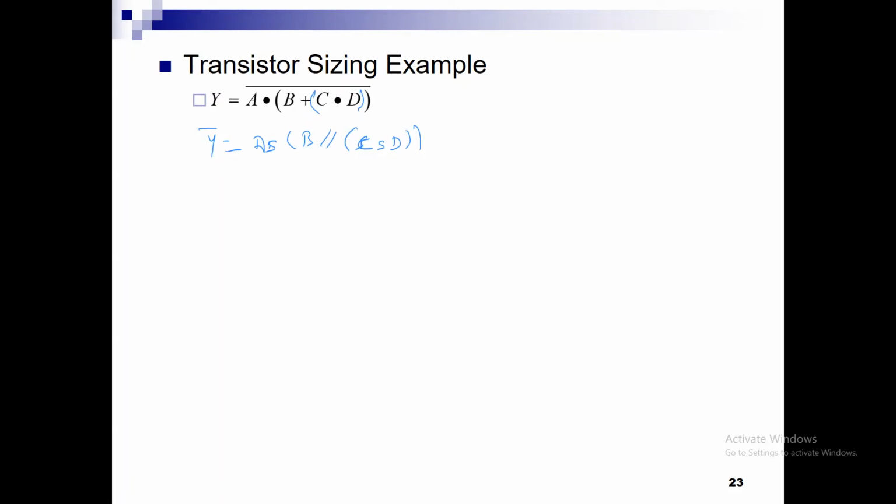So the smallest bracket is C in series with D, and this is in parallel with B. And then all of these are in series with A. This is the pull down block.